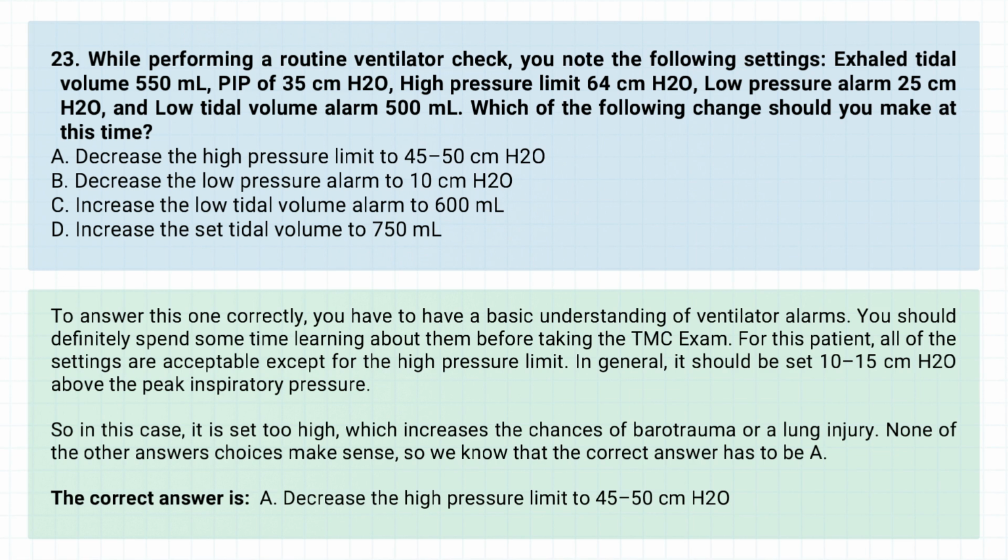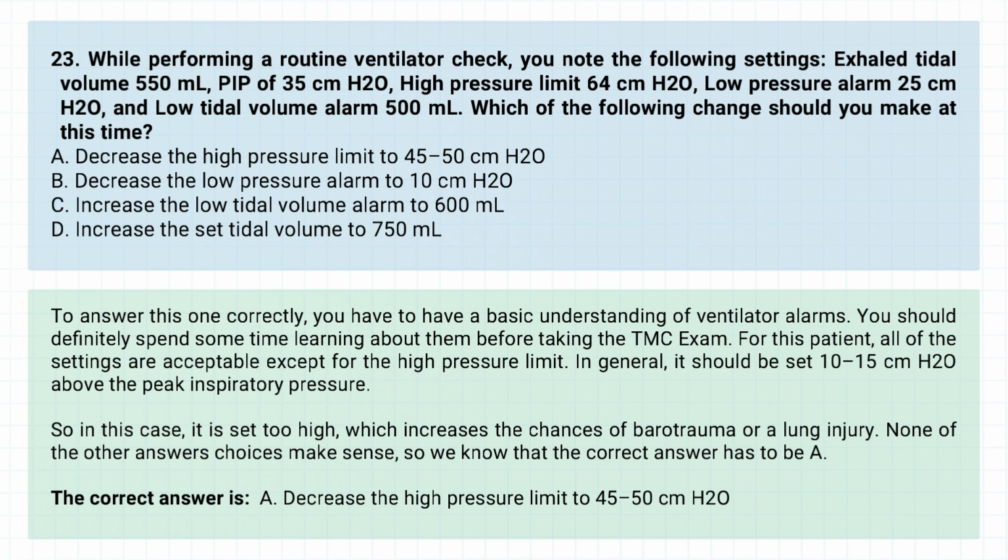To answer this one correctly, you have to have a basic understanding of ventilator alarms. You should definitely spend some time learning about them before taking the TMC exam. For this patient, all of the settings are acceptable, except the high pressure limit. In general, it should be set 10 to 15 centimeters of water pressure above the peak inspiratory pressure.